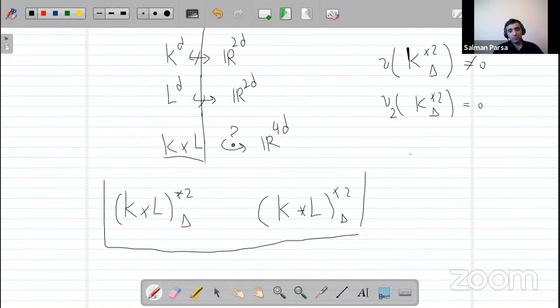Now, how can we show that the same situation is true also for the deleted join? So, deducing that from this, possibly there is a simple proof.